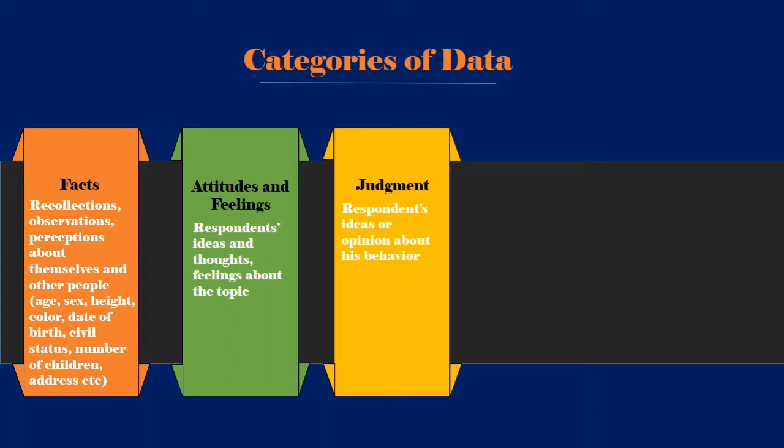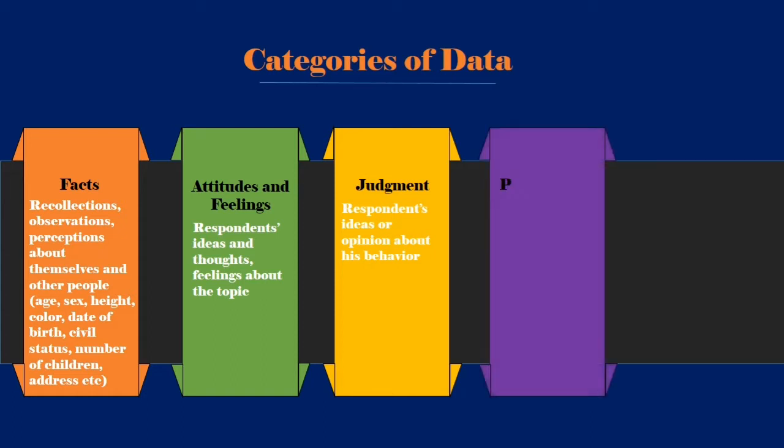These are your respondents' ideas or opinion about his behavior, how he describes or how he gives some judgment or opinion about his behavior or that of other respondents, if the case may be.